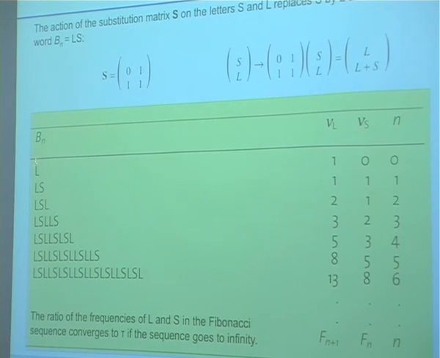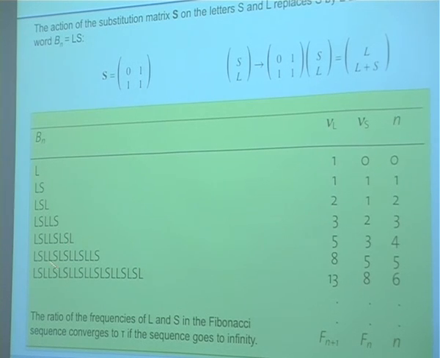If you start, for example, with the letter L, and you have a certain substitution rule, replace L by L and S, and replace S by L, and you repeat this many times, you get a sequence which is quasi-periodic. The numbers of L and S in this sequence are just Fibonacci numbers, and the ratio goes to the number tau.